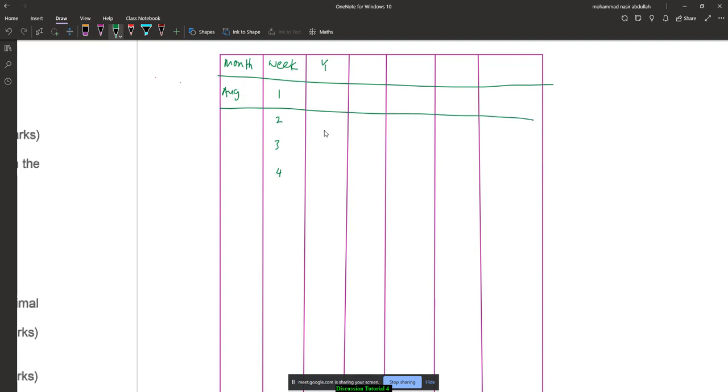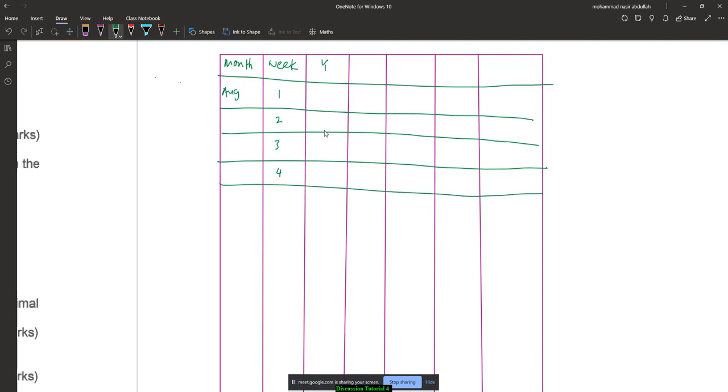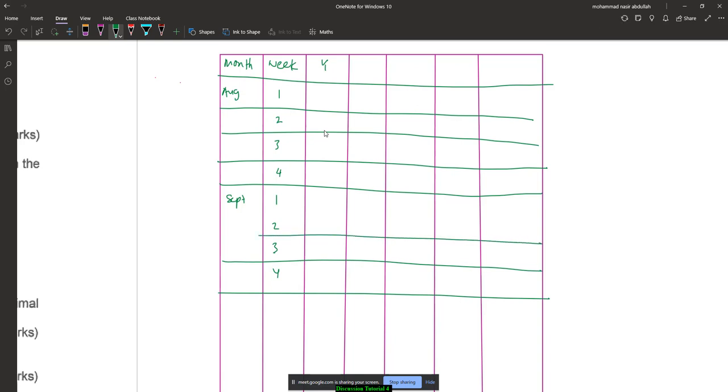So I buat macam ni lah. You buat dalam kertas, make sure you garis balik baik-baik eh. And then we have month of September, week 1, 2, 3 and 4, right? And the last one is October, 1, 2, 3 and 4.